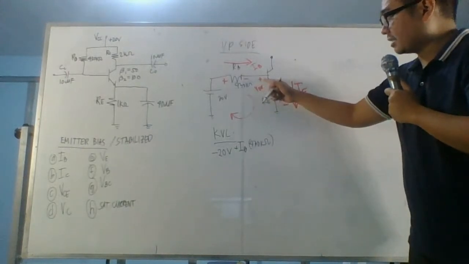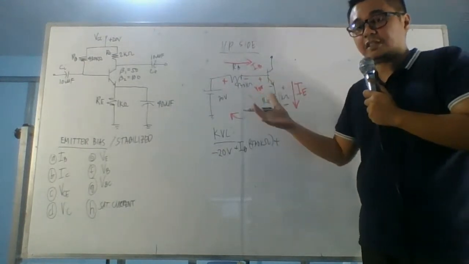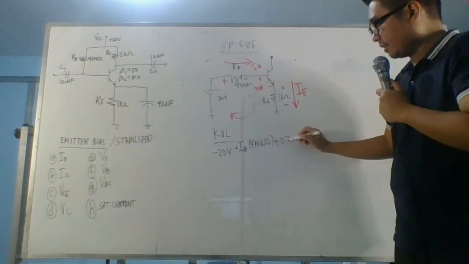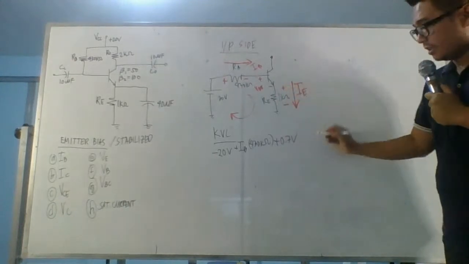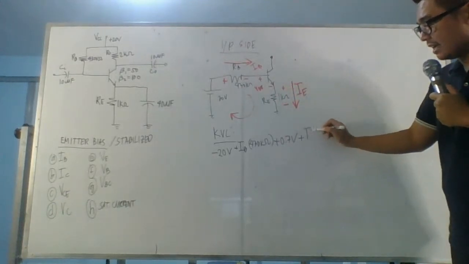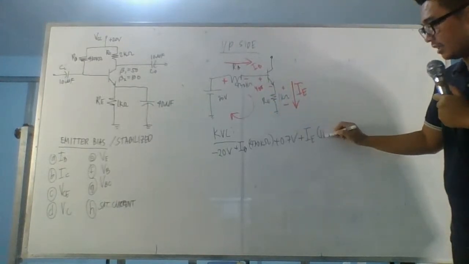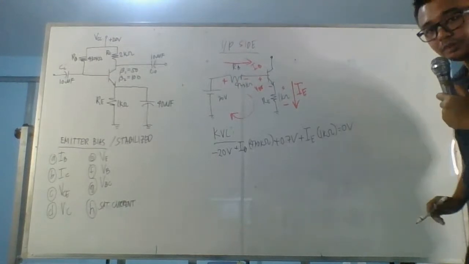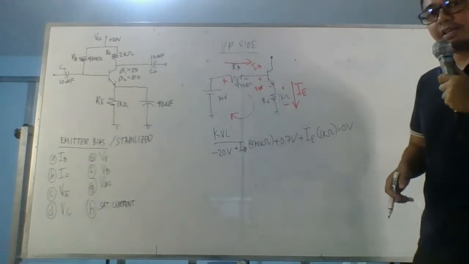And then we have plus, di ba naka-forward bias siya? It's made of silicon. Normally, it's made of silicon, so meron tayong 0.7 volt. Next, papasok na sa positive nun. You have plus, IE is unknown, but RE is known. So pwede na natin siyang ilagay equals 0 volt. So this is the complete KVL equation for the input side.